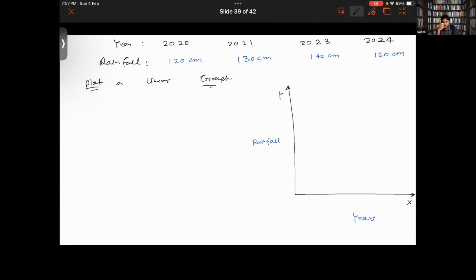You have to plot a linear graph, draw a linear graph here. Sir, you missed 2022. Oh, okay, 2022, and let's take it to be 2023.